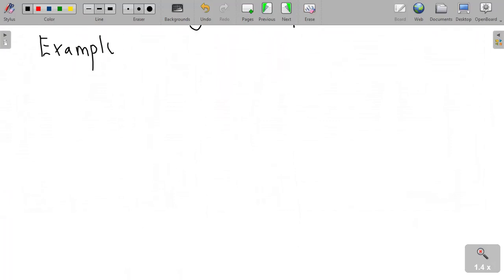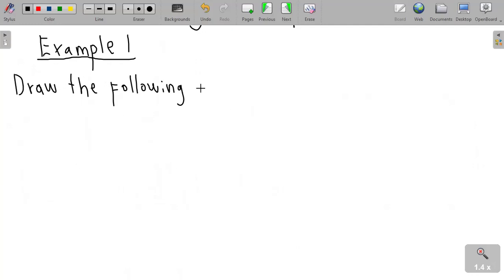We're going to use those steps in order to draw a vector. So draw the following vector quantity.